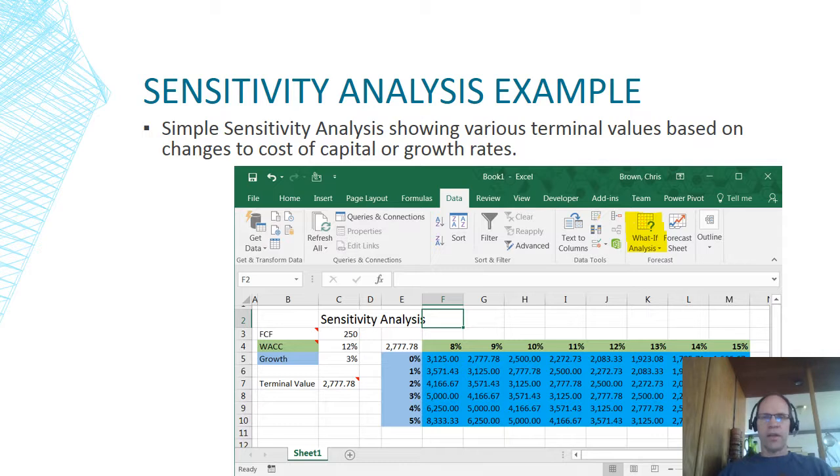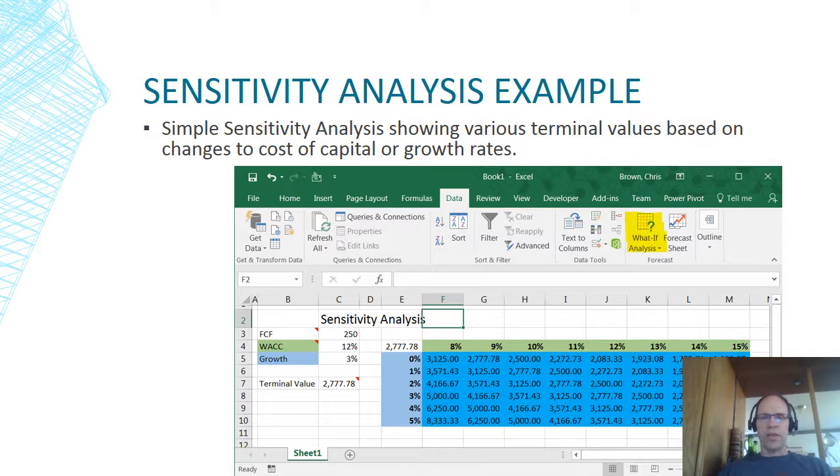Really what the sensitivity analysis is intended to do is to show, okay, what happens if I change this weighted average cost of capital? What if my cost of capital changes? What kind of impact does that have on my terminal value? Or what if my growth estimate changes? What does that do to my terminal value calculation?